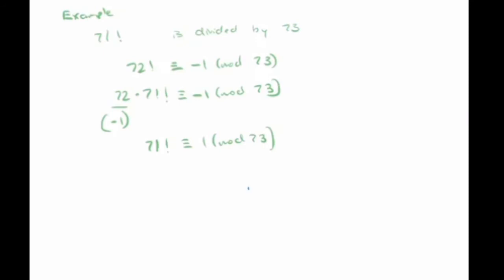Or we can just generalize this to P minus 2 factorial is congruent to 1 mod P, as someone mentioned in the chat. Any questions? Okay, then we'll move on.